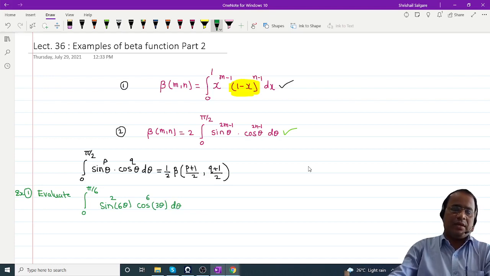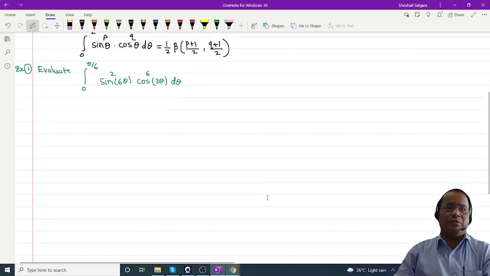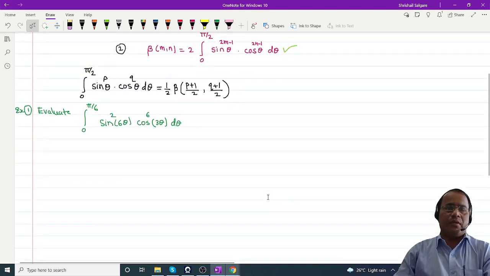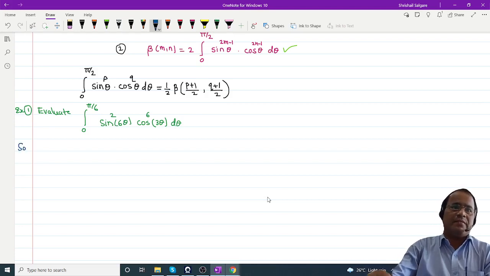One thing you can remember: when you get limits from 0 to pi by 2, the integrand is a combination of sine and cos, and the angle is not a multiple of any value, it is just theta. So the first step, I will write the given integral as I.